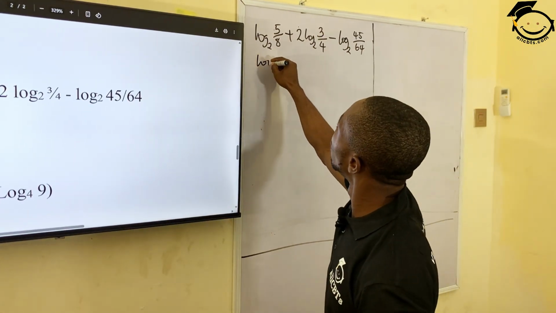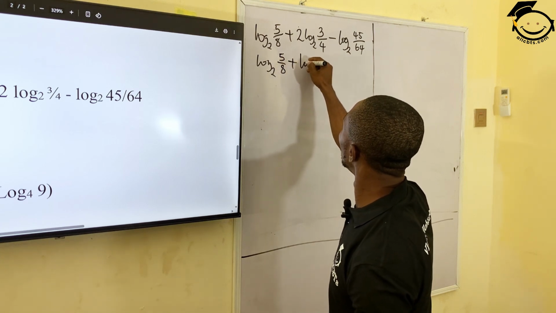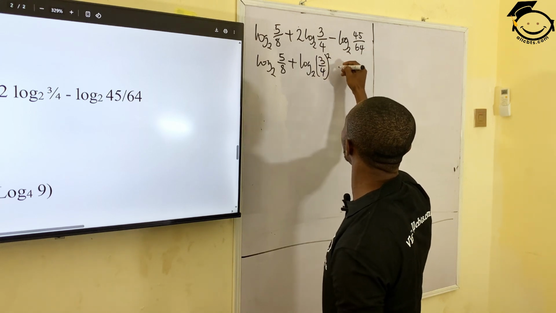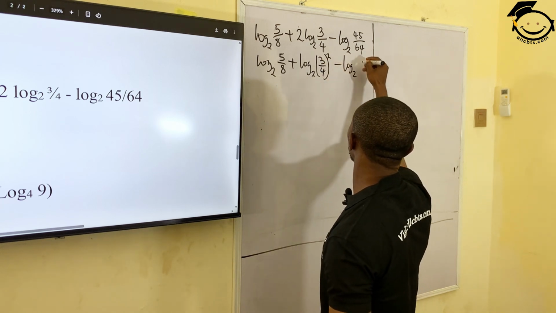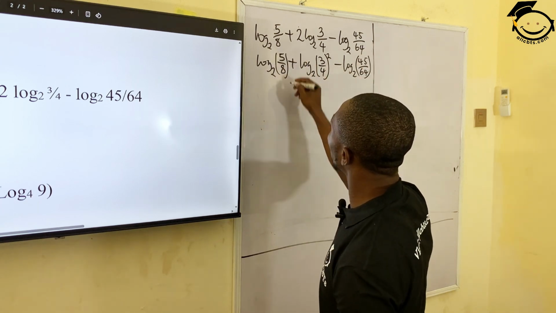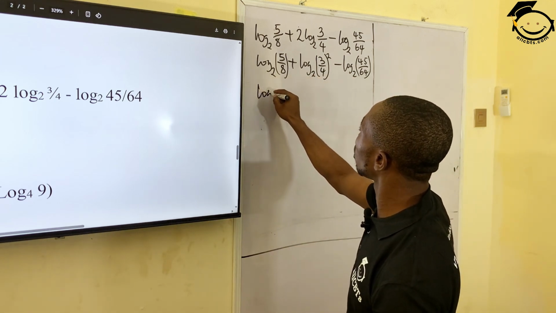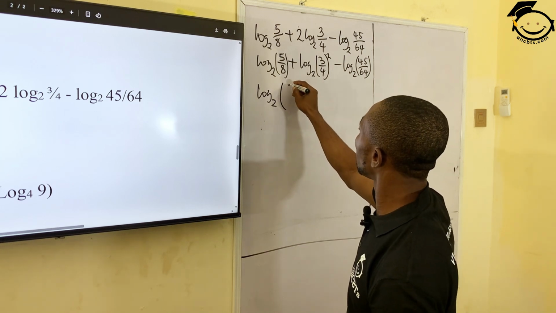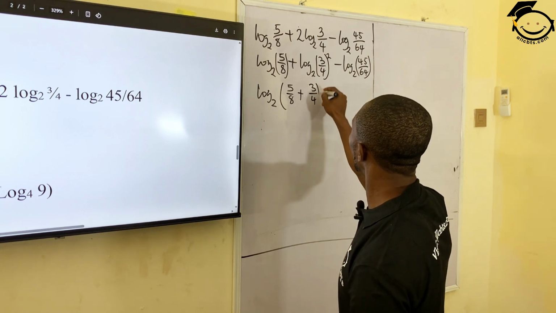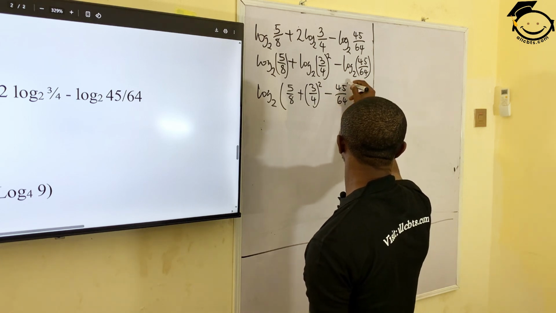This will become log_2 (5 over 8) plus log_2 (3 over 4) all squared minus log_2 (45 over 64). Now we can see that all are in the same log base. So if we collect, log_2 of (5 over 8 plus 3 over 4 all squared) minus 45 over 64.